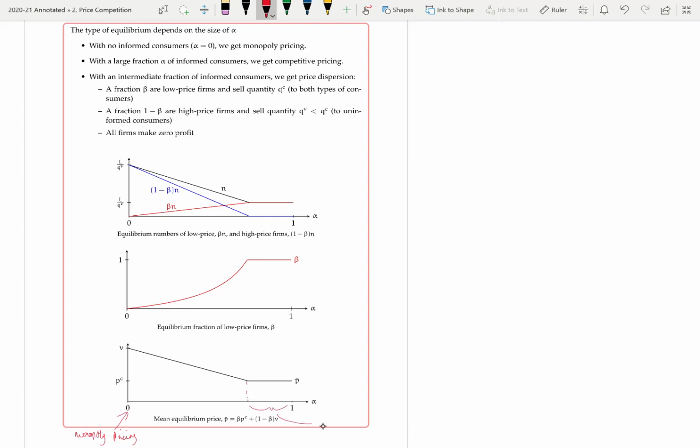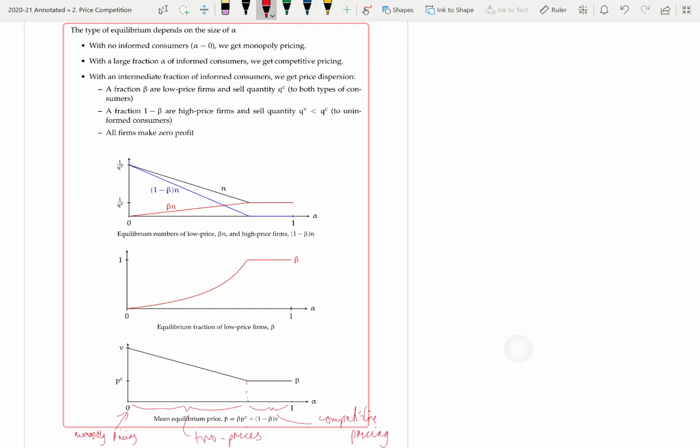So in this range here, we get competitive pricing. Whereas in the intermediate range of alpha, so above zero, but less than this quantity here, we get two prices. We get some firms charging PC and some firms charging V, and therefore the average price is somewhere in between.